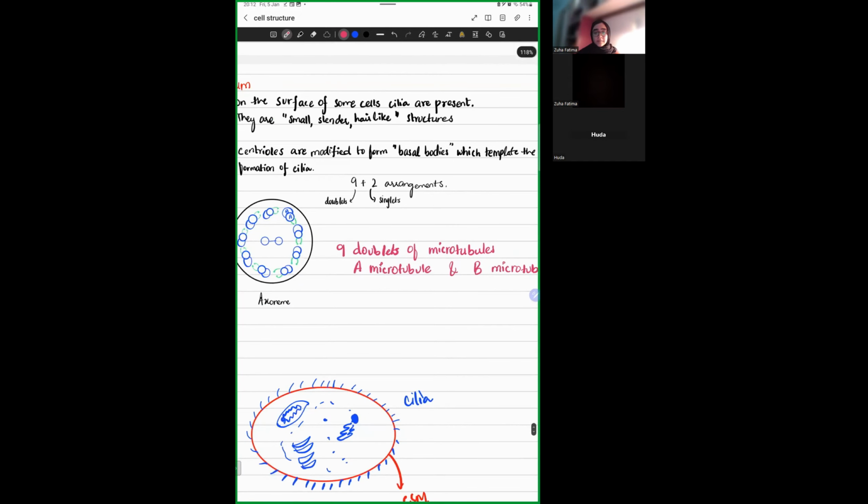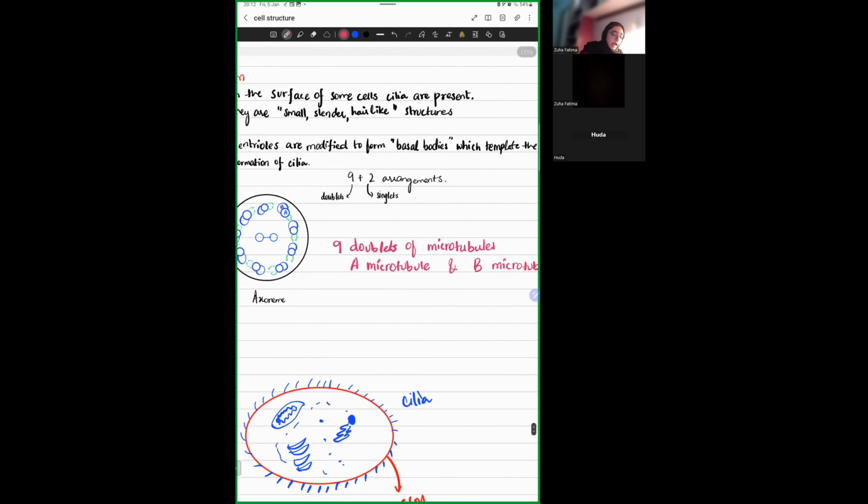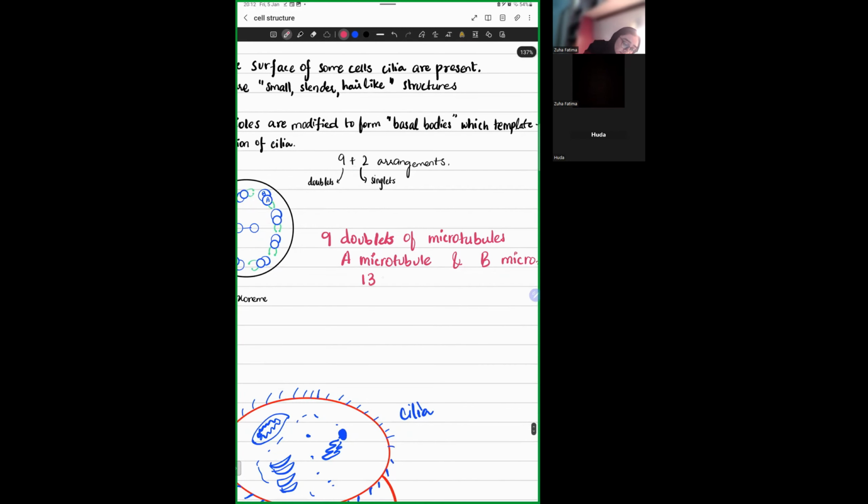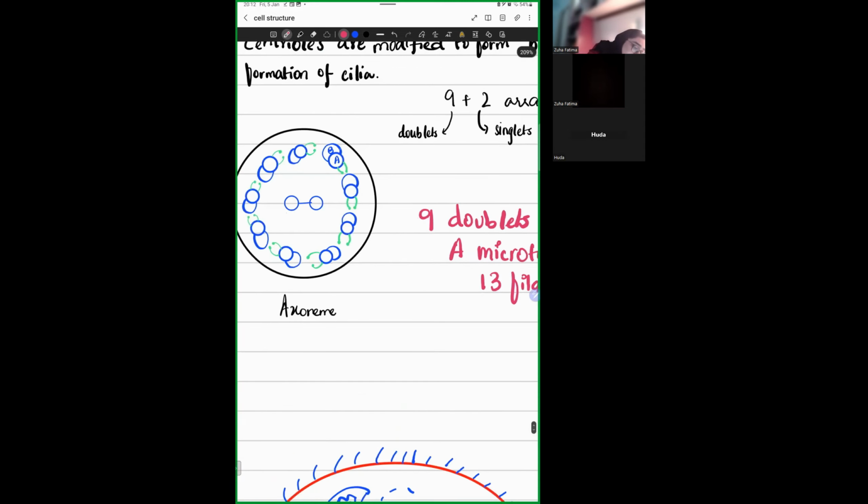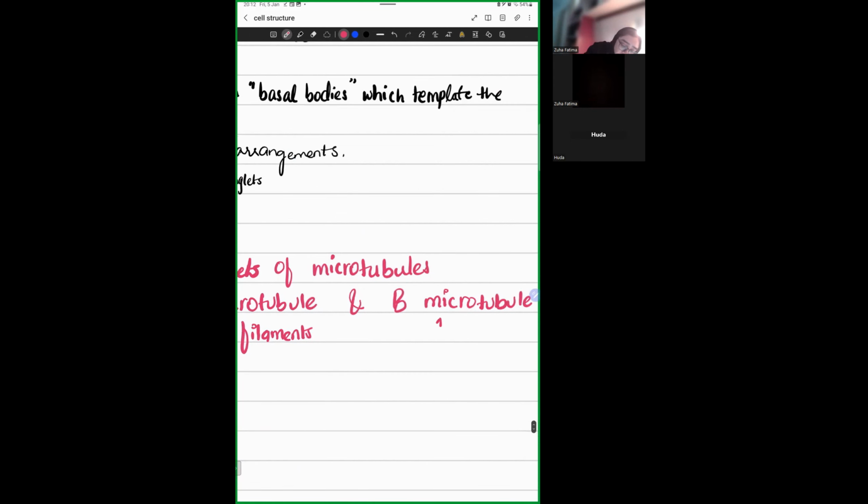Now basically this actually has 13 filaments, and this is because it does not have enough space. If you could see, here I have 13 filaments complete, and here it only has the capacity to have 11 filaments.